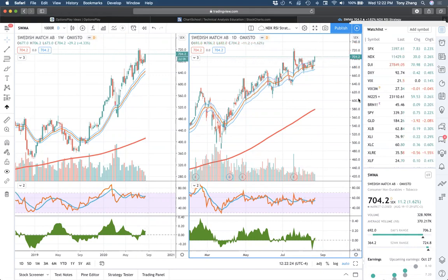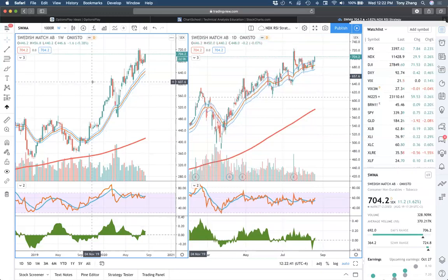What about Ichimoku cloud? Ichimoku is also a popular indicator. Again, it's not one that I use very much. I do tend to find that some people really like it, and it is very objective as well.